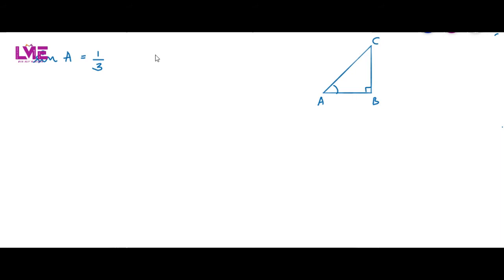So the remaining trigonometric ratios are cos of A, tan of A, cosec of A, secant of A, and cot of A, which we need to calculate. So let us check how to do this.